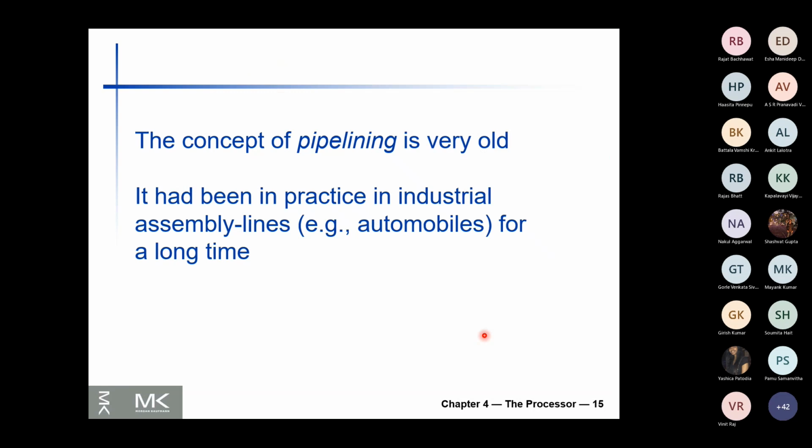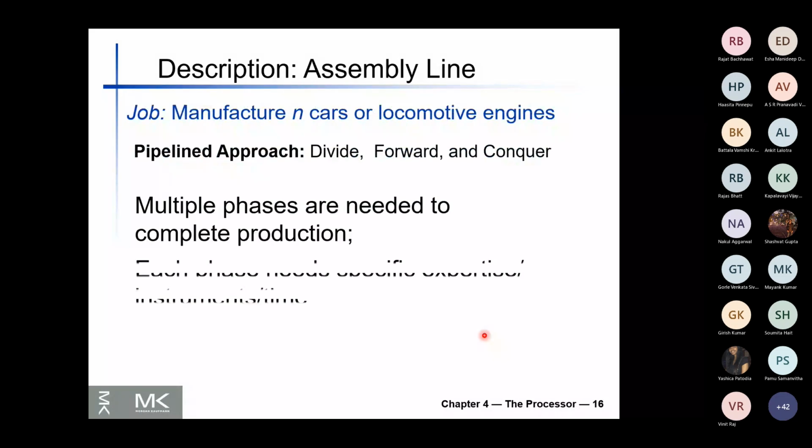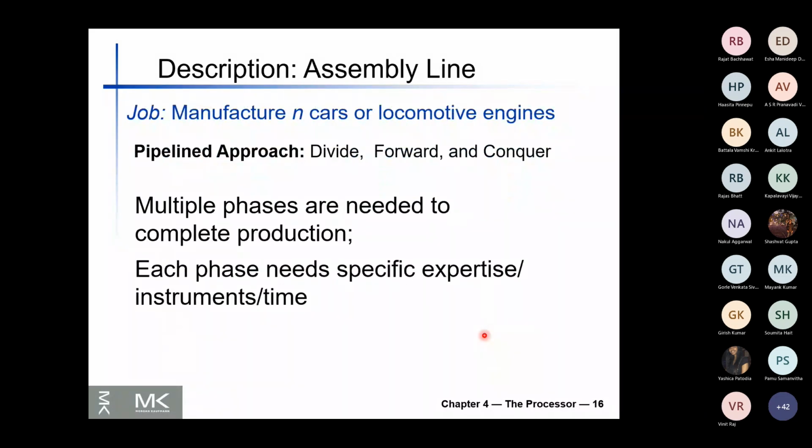So as you can see, this concept of pipelining is very old. It has been used in industrial pipelining in assembly line for a long time, and in computer architecture, this idea is borrowed and very successfully deployed. So the idea is you divide into multiple phases, and you divide and conquer.